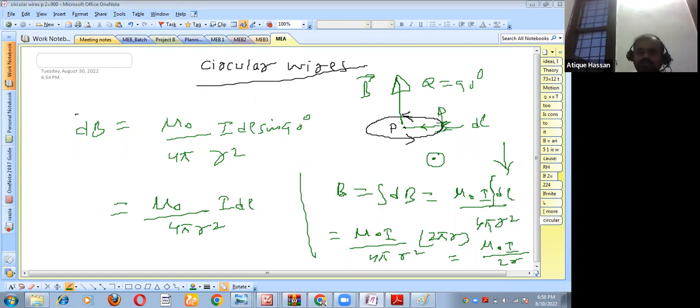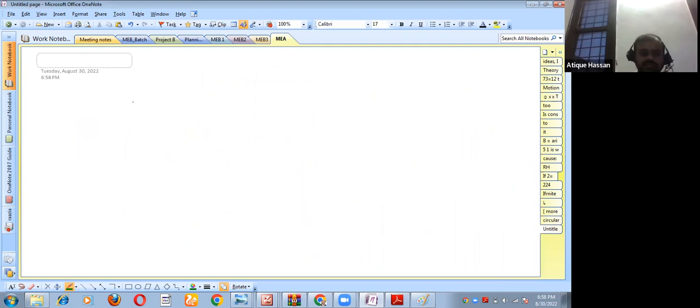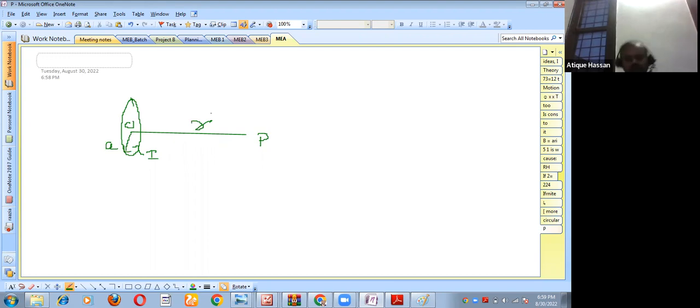Sometimes we have to find the magnetic field on the axis of a circular wire. Suppose we have a circular wire like this, and we have to find the magnetic field at the axial point like this. Suppose this point is P and current flowing like this. And suppose radius of the wire is A, and suppose distance is R. So I'm not going into derivations. I will write directly the formula of magnetic field.